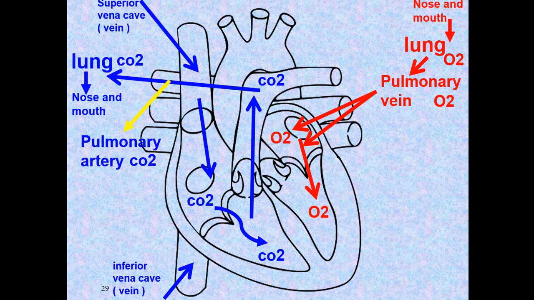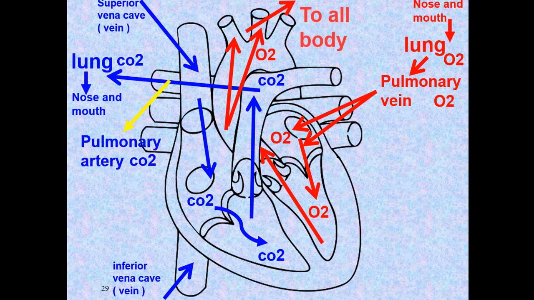The left ventricle is now filled with oxygenated blood, and then the left ventricle will push or pump blood to the biggest artery in our body, which is called the aorta. The aorta now contains blood rich with oxygen and will push it to all body cells. Any problem? I hope you understand the blood circulation.